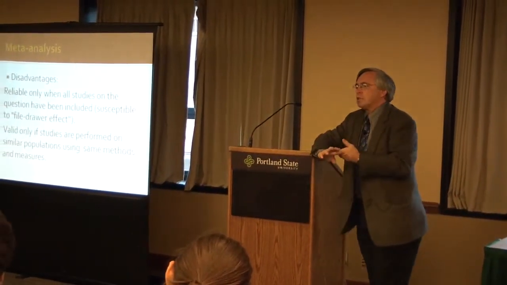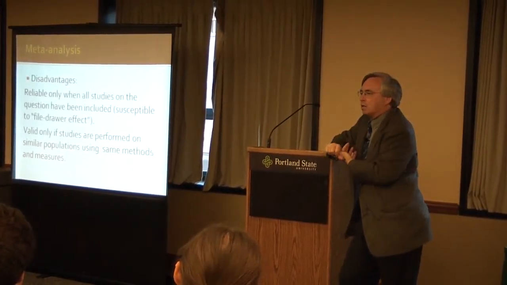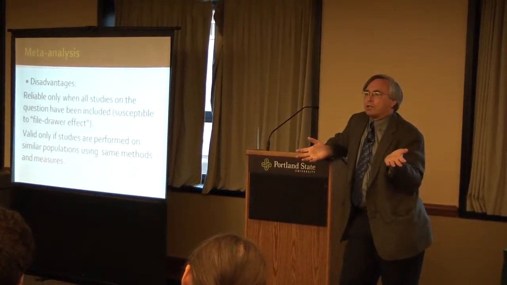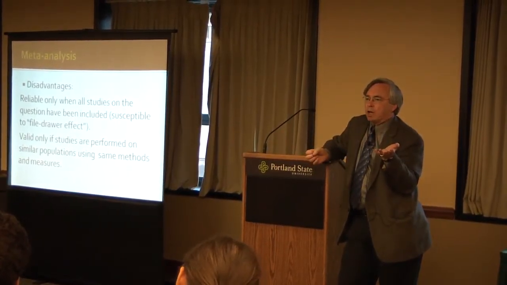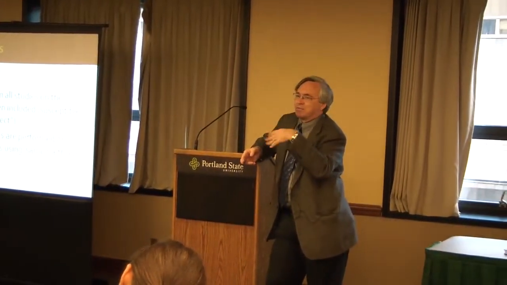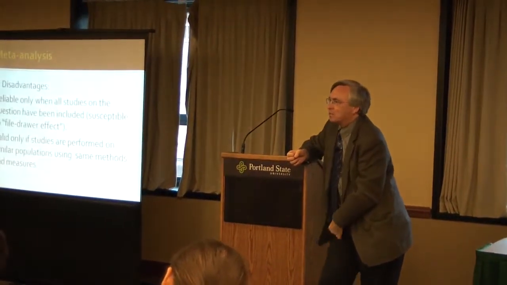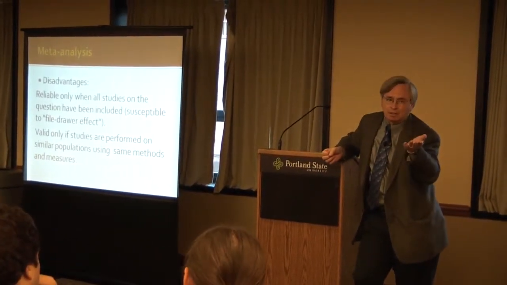Well, you can justify it if what you've done meets certain criteria, such as, one, you've got all the studies that were done. If you don't have all the studies that were done, you don't have a representative sample of all the studies that were done, and then you can't justify using the statistical methods that assume you have a representative sample. You mean including the ones that were not published? Exactly.